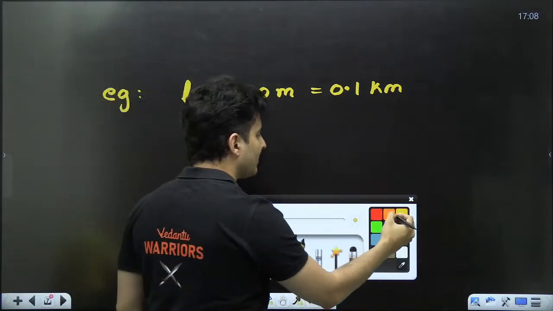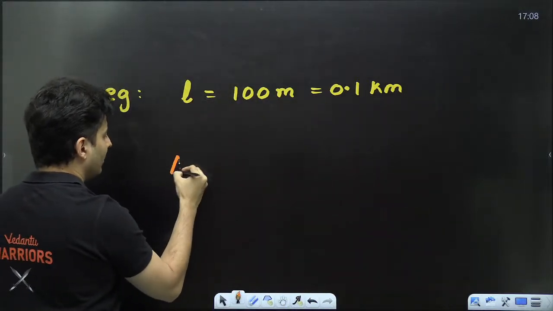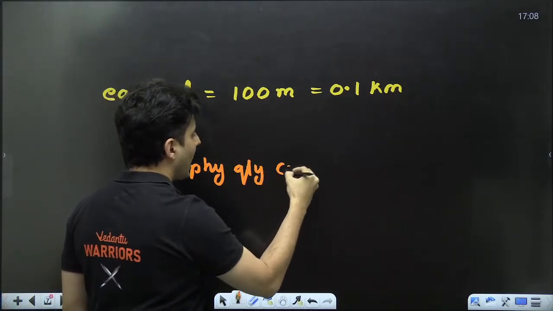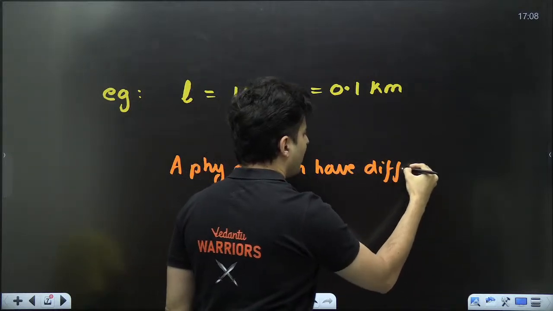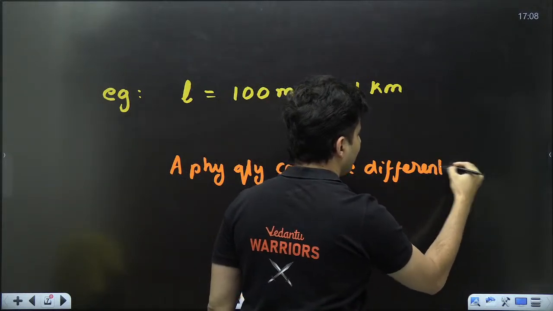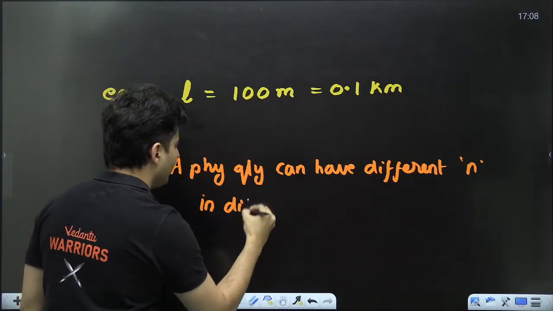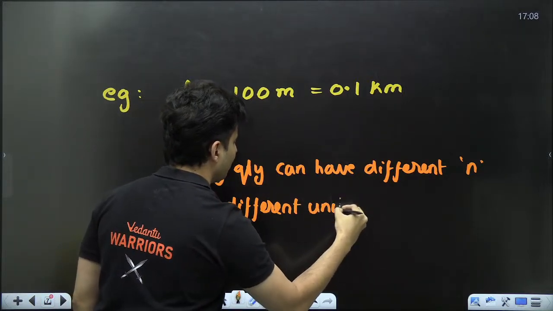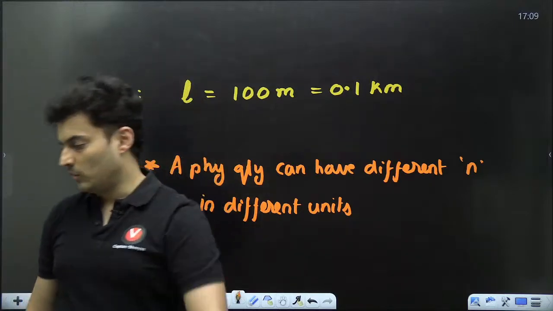This is a very good example of a physical quantity having different values of n in different units. Keep this in mind, and you can keep a note of it.